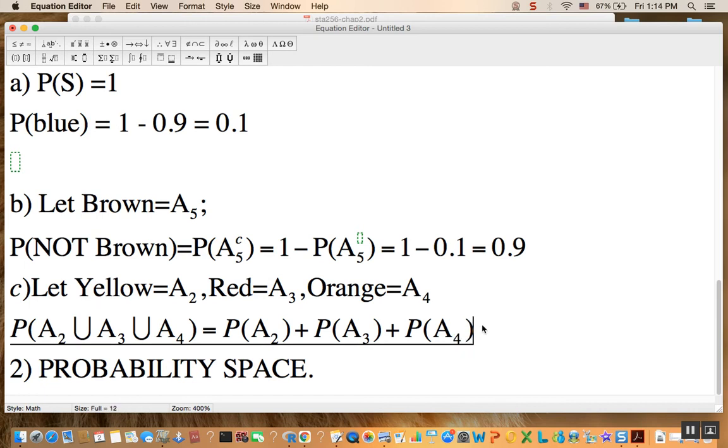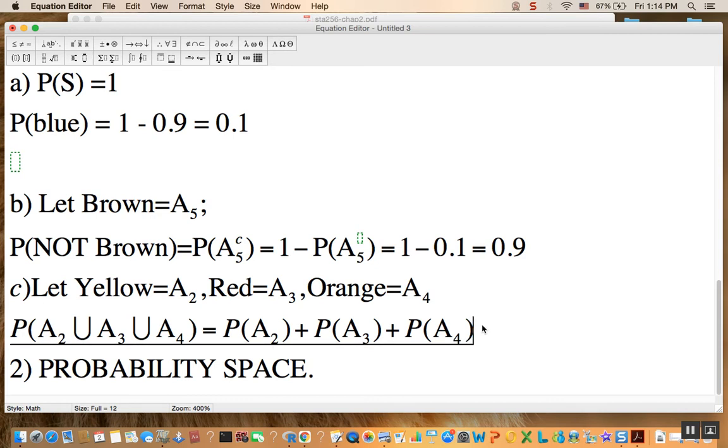So the probability of a union equals the sum of probabilities. Make sense? But that's provided that these events don't have any sample points in common, right? And if they don't have any sample points in common, we have a fancy term for that.